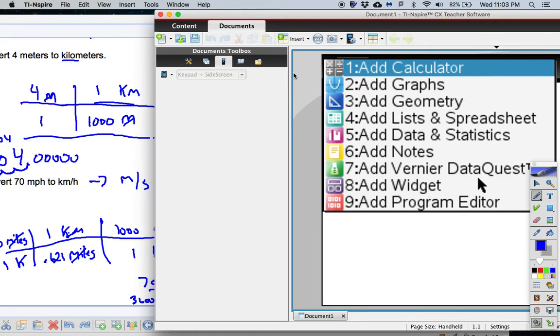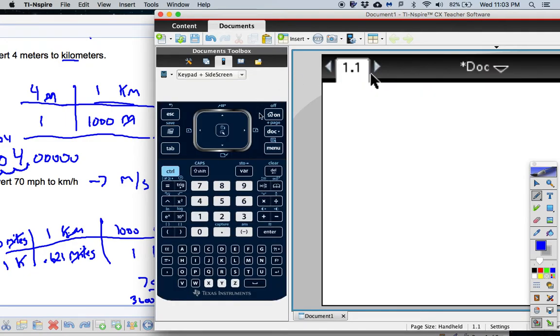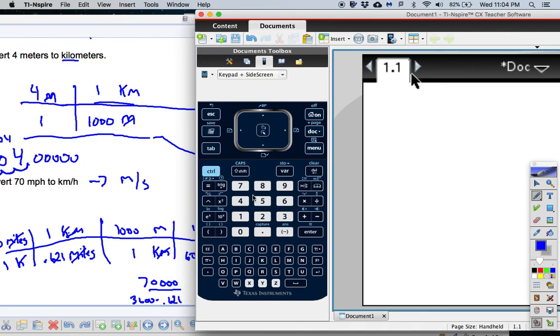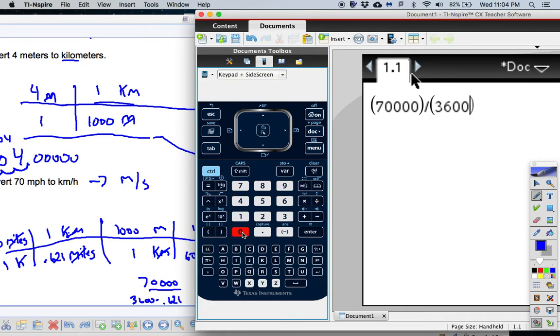So first thing, we need a calculator. You can use Scratchpad, doesn't matter. And if you want to do this all at once, you're going to type in parentheses and then everything in the top, 70,000, parentheses, use the divide button, and then parentheses and then everything in the bottom. So 3600 times 0.621, close the parentheses, and hit enter.